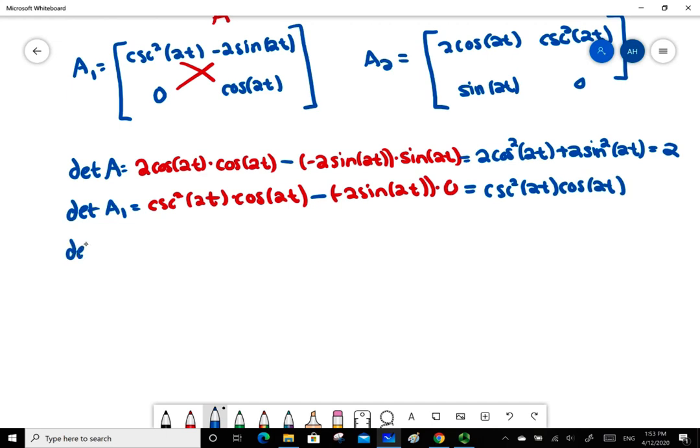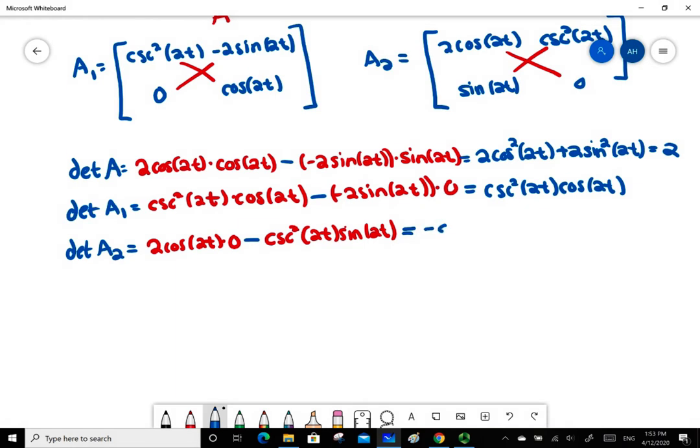And the determinant of A2 is 2 cos(2t) times 0 minus csc²(2t) sin(2t), which equals -csc(2t).